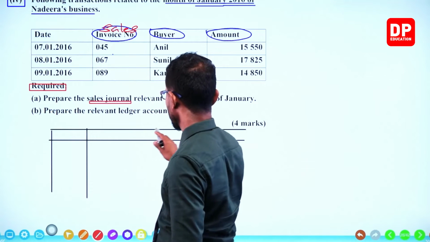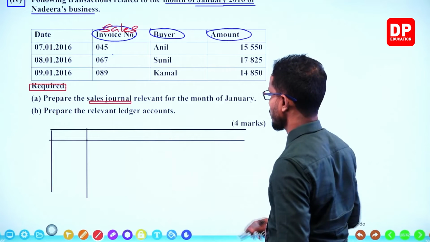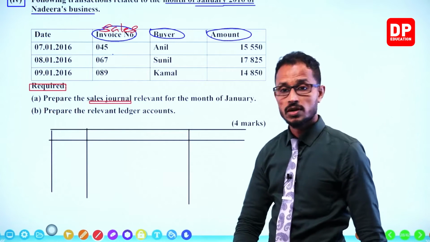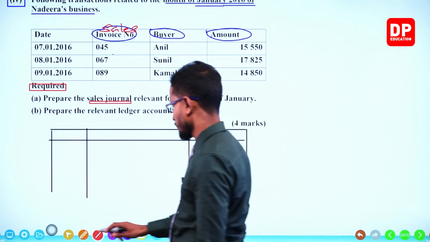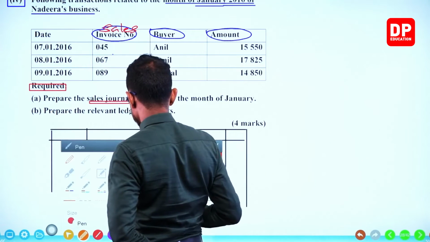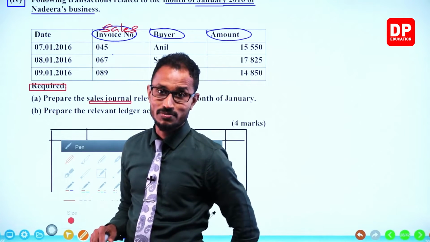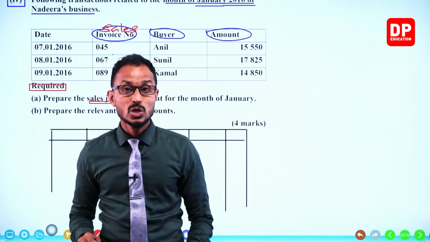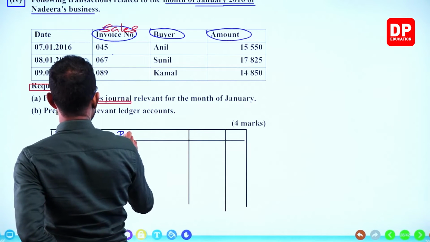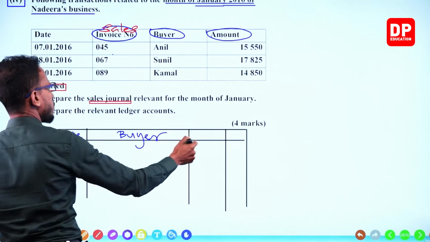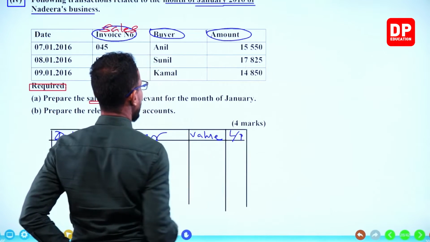Date column, the buyer or description column, and the amount column. If you want, the ledger folio column is also okay. If you draw it, it's better. If you don't draw it, it doesn't matter.